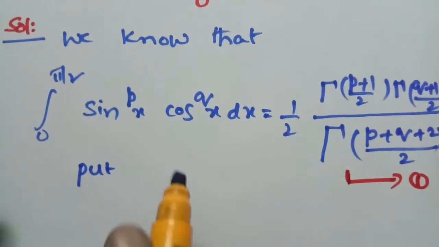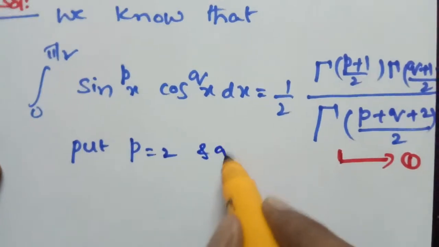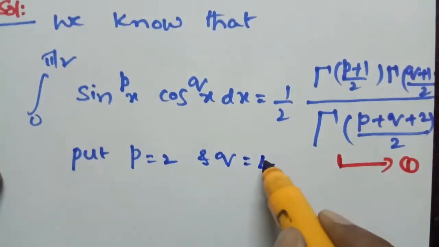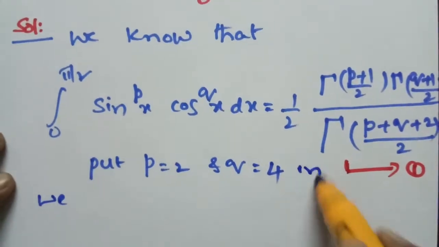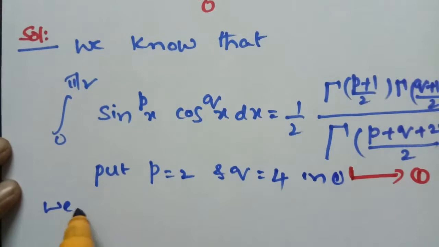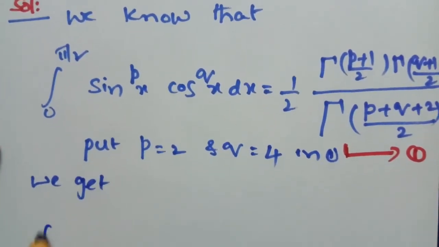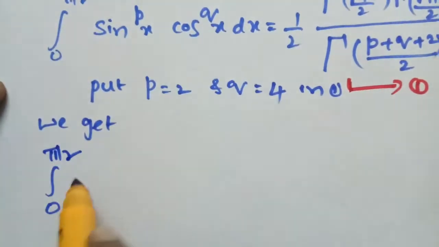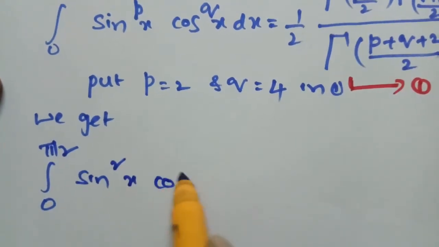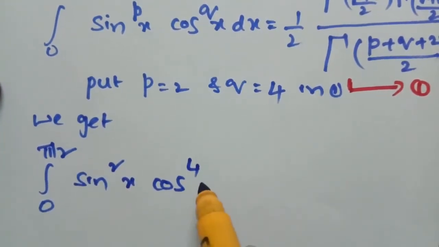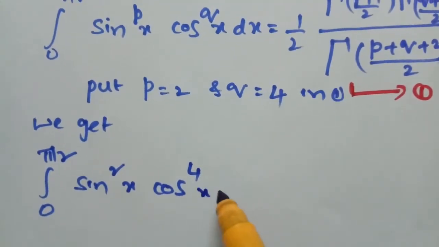Here put p equal to 2 and q is equal to 4 in equation 1. We get integral 0 to pi by 2 sine power p, that is sine square x, cos power 4 x dx.